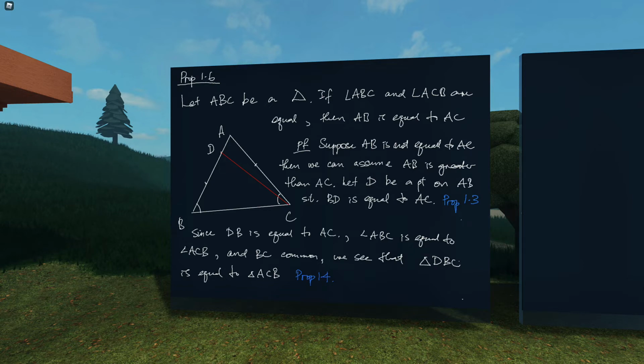Another way of seeing it is that the triangles are superimposed on top of each other, so D is equal to A, so the line AB is equal to AC. Okay, any questions?